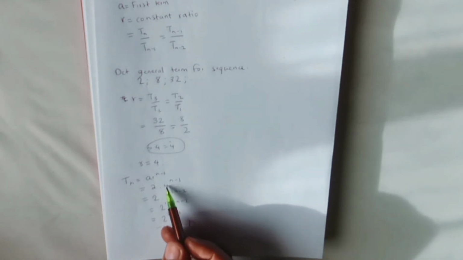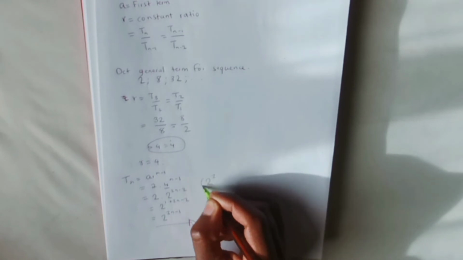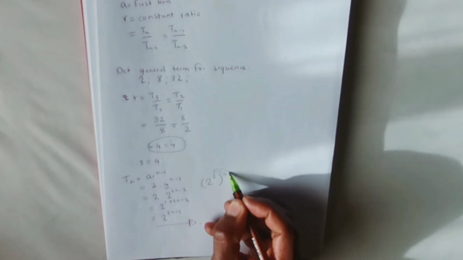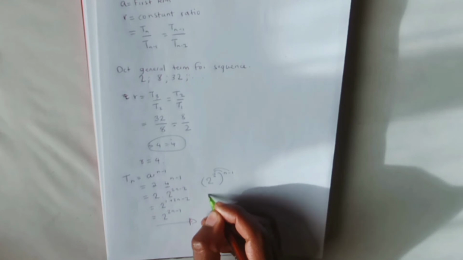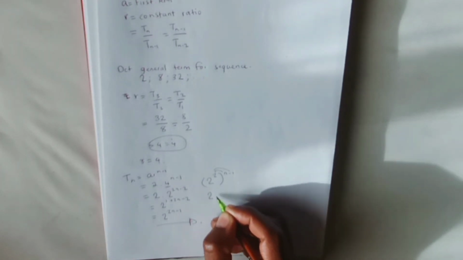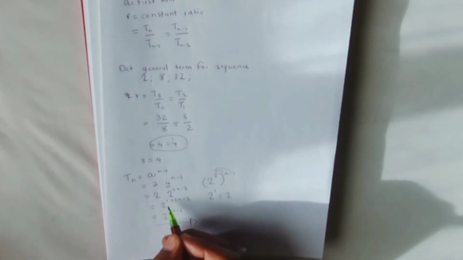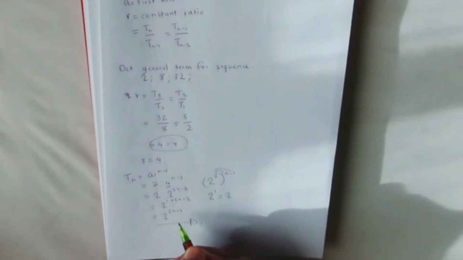We just use the laws of exponents to turn this 4 into 2 squared, and then it was n-1. So this expanded into 2^(2n-2). And the 2 is 2 to the power 1, and because the bases are the same, you add the exponents, and that's essentially what we did there.